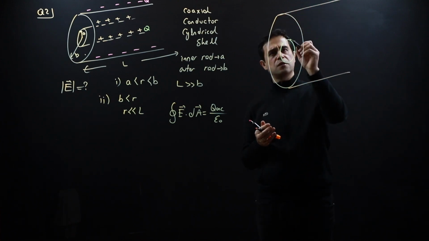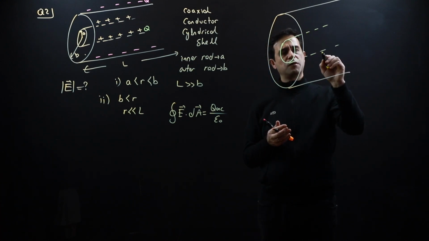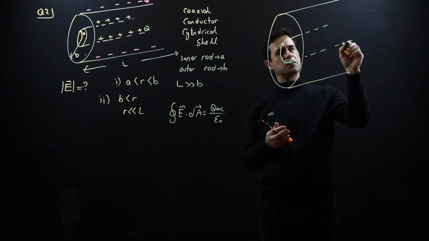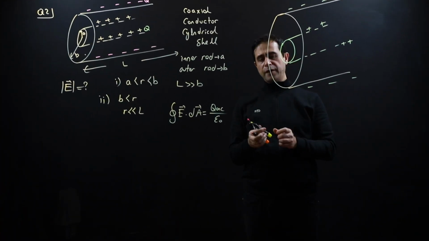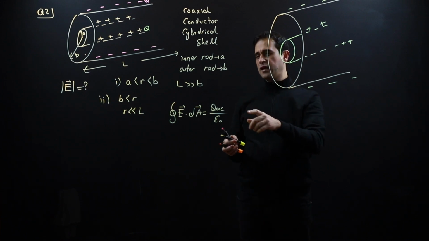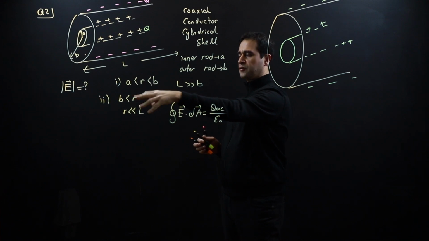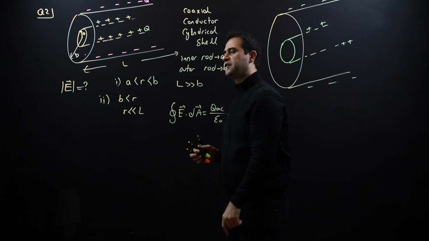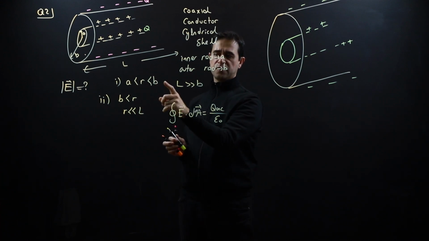And this is the inner shell. Remember that this is positively charged, and these are negatively charged. So this was the original question, and in part 1, it's asking us to find the electric field at a distance where R is bigger than A but smaller than B.